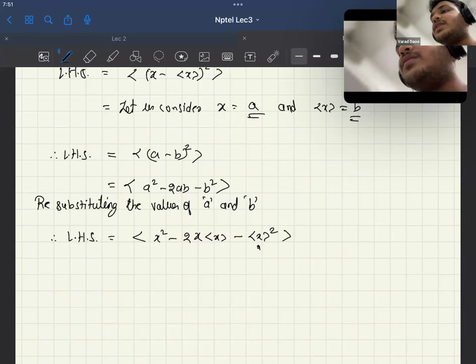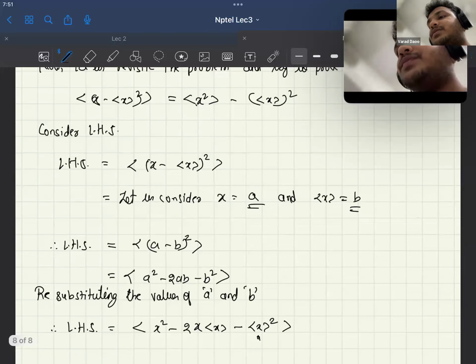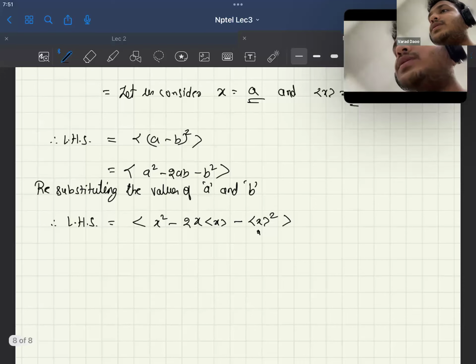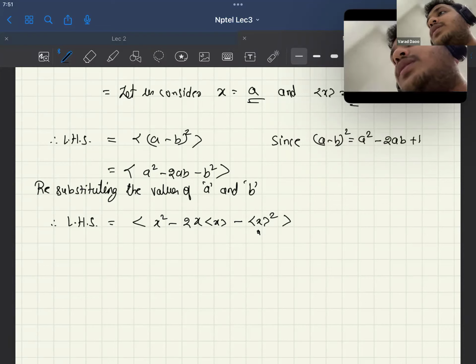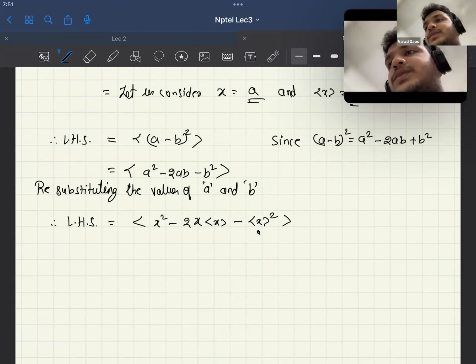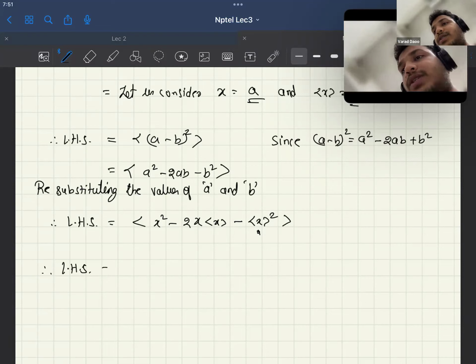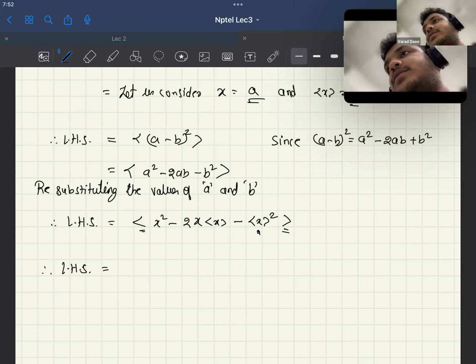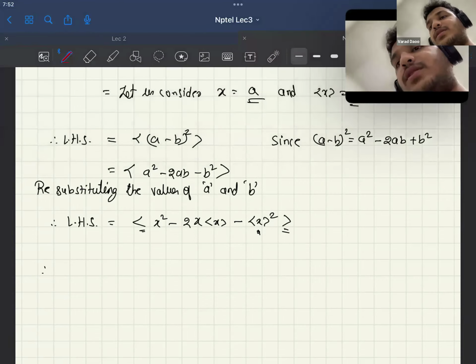You see this one term from the RHS is already here, we can see it, right? This one. Now we have to simplify, right? Let me write, since a minus b square is nothing but a square minus 2ab plus b square, right? So now again LHS transforms as, so here is bracket, this is outside, now we want to bring it inside, right? So there is one theorem. Okay, write this down in the red.